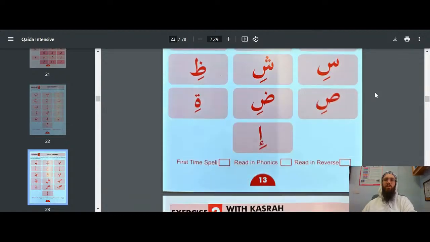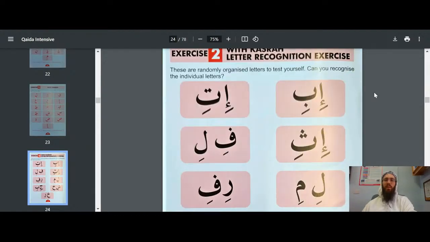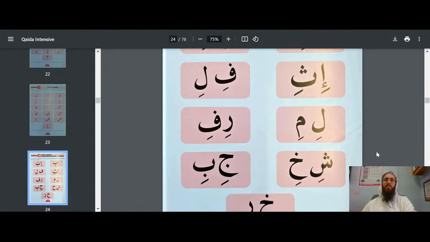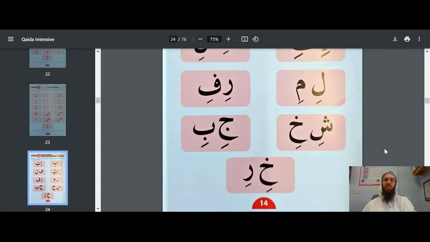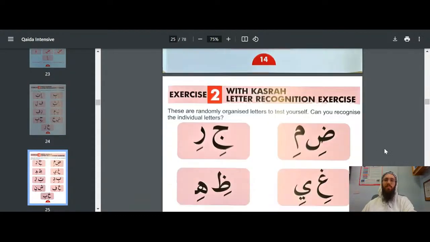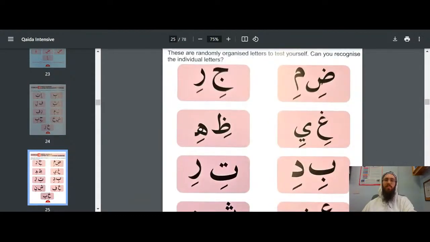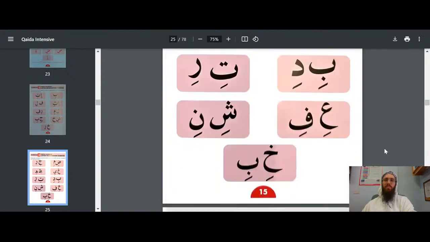Continue all the way through. Here, bi, ti, fi, and then some disjointed ones. Go ahead and pause and practice. Right? Pause and practice. That last one, khibi.